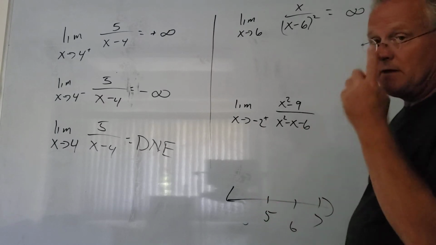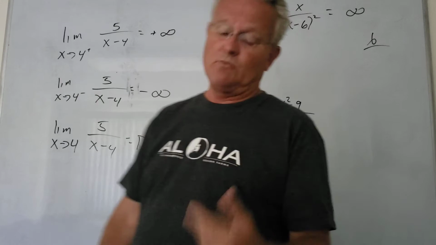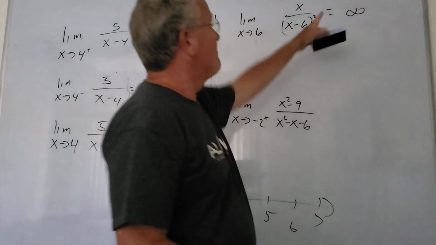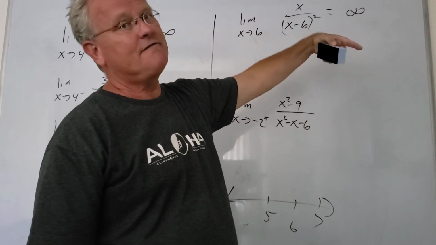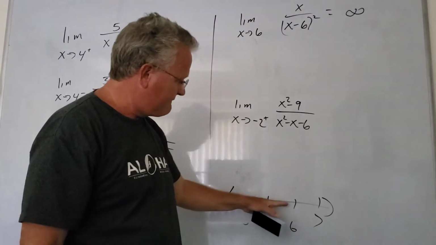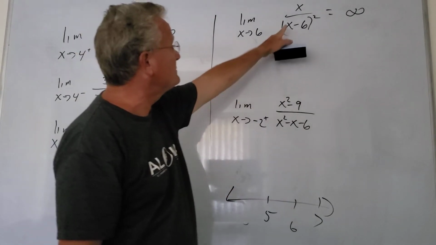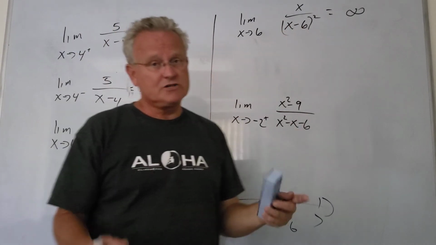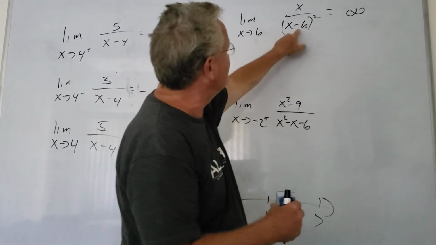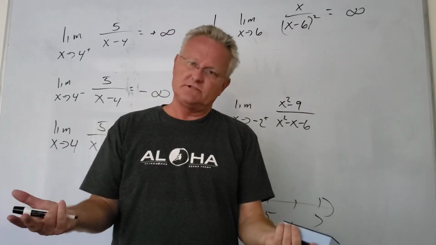But what happens when we approach 6 from the left? Keep in mind, from the right it's infinity. Is it infinity from the left? Well, when we approach 6 from the left, we're a little smaller than 6, so when we do this subtraction, we get a small negative number. But when I square a negative, it becomes positive.